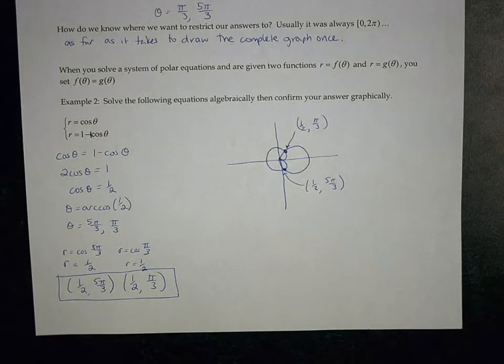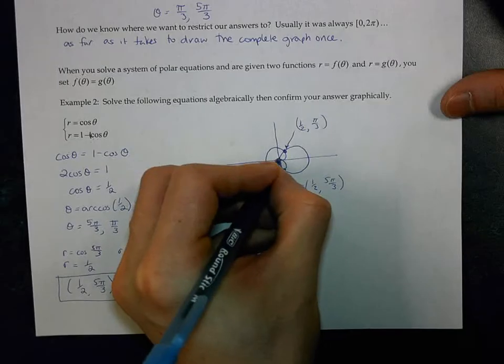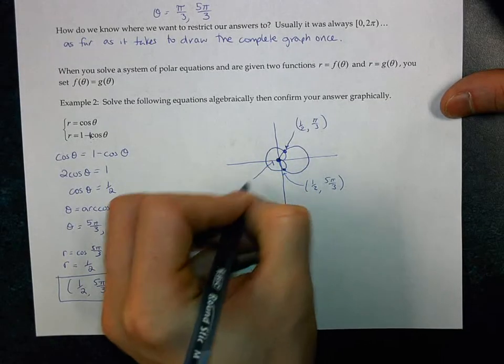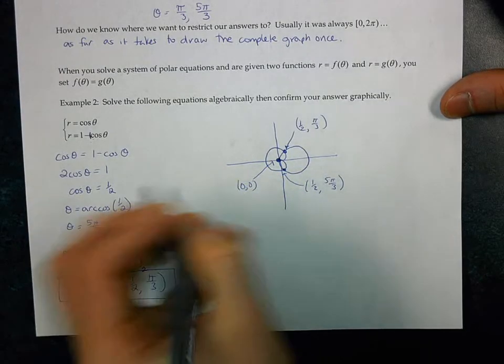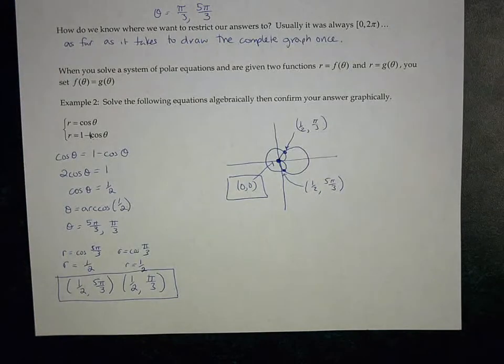But if I look at this graphically, I appear to have a third solution right at 0, 0. And I actually do have a third answer at 0, 0. But I didn't get that one the same way when I substituted. I sort of had to use my graphical reasoning to come up with that 0, 0.